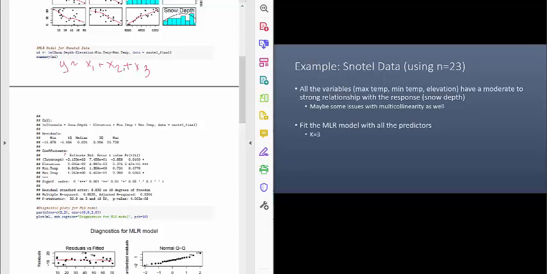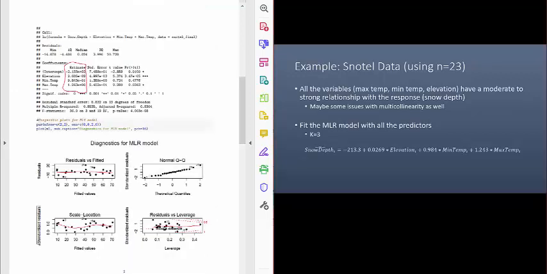Here are the estimates for our linear regression model, giving us the linear model where the predicted snow depth is equal to our y-intercept negative 213.3 plus the slope coefficient 0.0269 times the elevation plus 0.984 times the minimum temperature plus 1.243 times the maximum temperature.